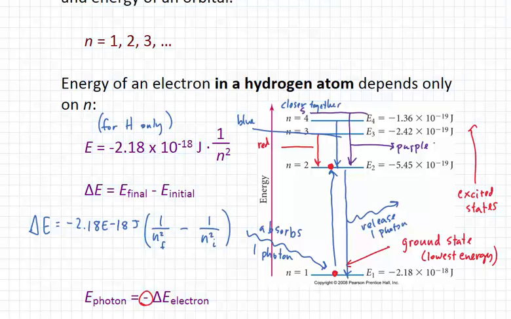But the reason that those are the only ones that give off visible wavelengths of light is because those right there are the right energy gaps in order to give off visible photons of light. Dropping down anything down to n equals 1, that's a huge gap. That's going to be much larger energy, and we're going to be in the ultraviolet or X-ray region.